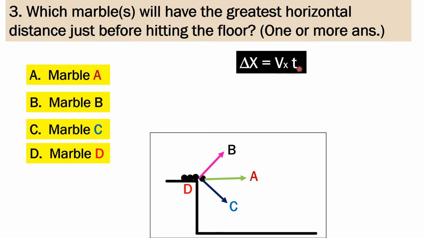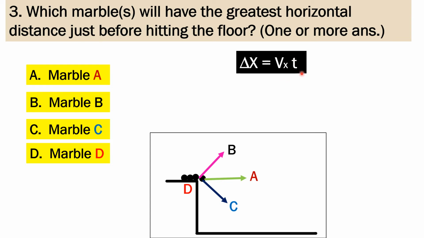So in terms of the time t, it's obvious that marble B will have the longest time of travel, and the least time is marble C. Marble A is just between marble B and marble C. That is if we consider the delta x in terms of the time of travel.